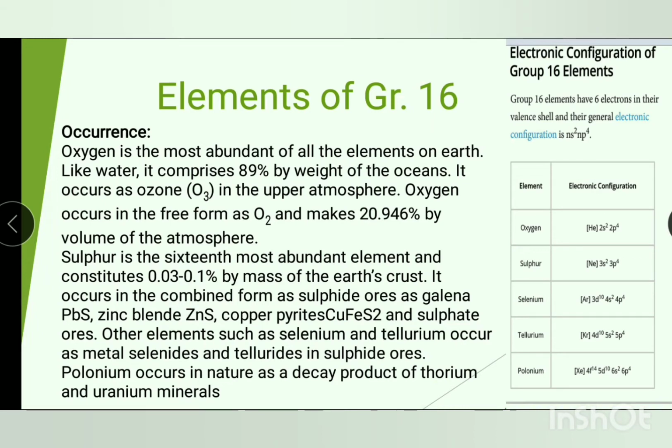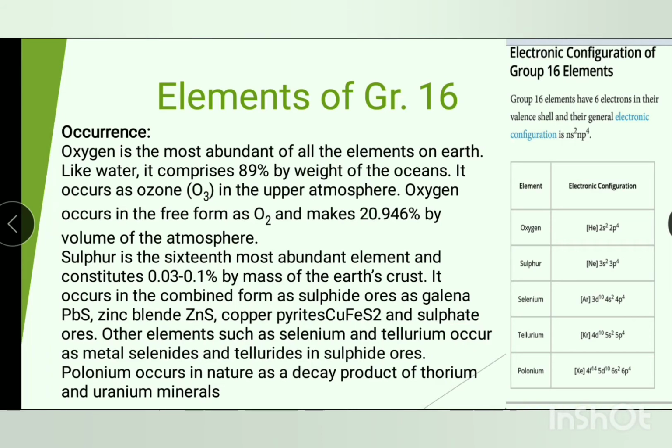The first 4 elements of group 16 are called chalcogens. Chalcogens means ore forming elements. Most of the ores in the Earth's crust are oxides and sulfides.